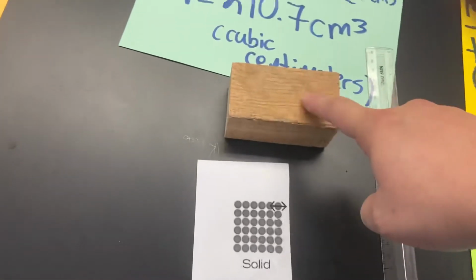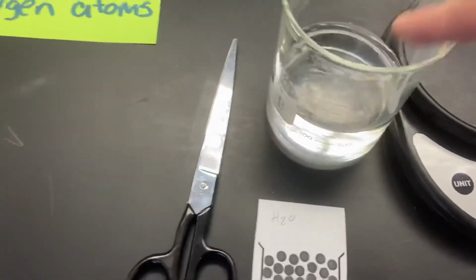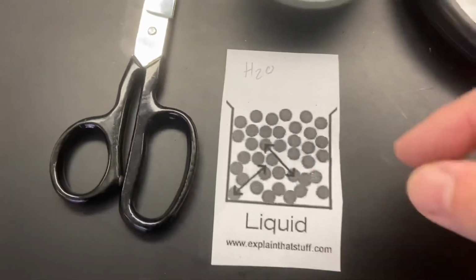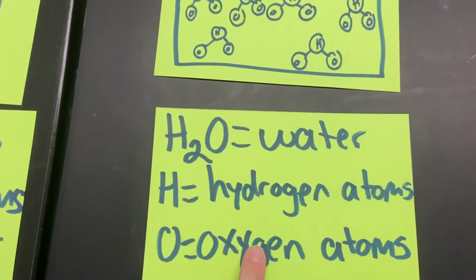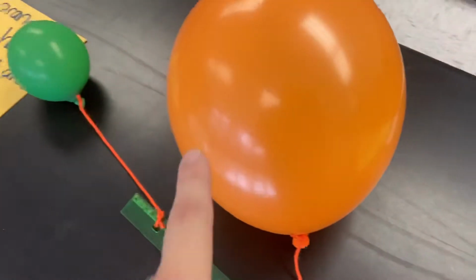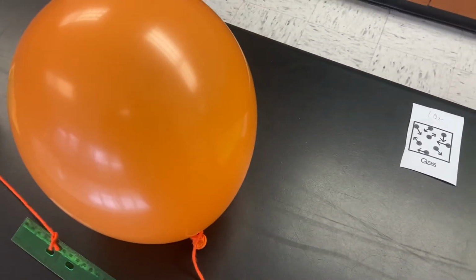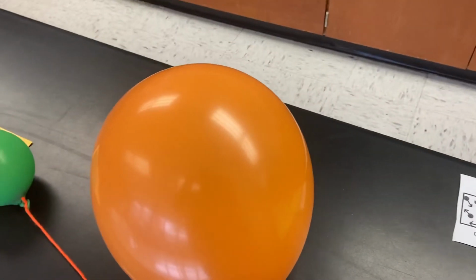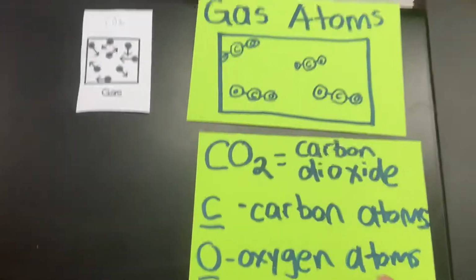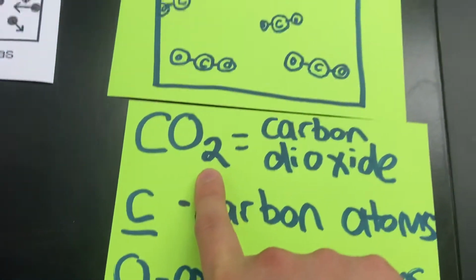So, this block of wood has wood atoms that are close together. This liquid water has atoms that are a little farther apart. Okay, it has hydrogen and oxygen atoms. Inside this gas balloon, the gas I used was my breath. You remember from last year's science class, the breath you exhale is called carbon dioxide, and it's CO2.